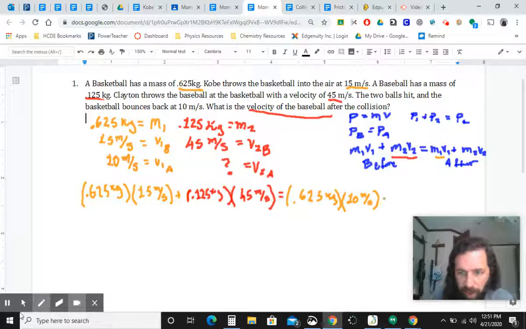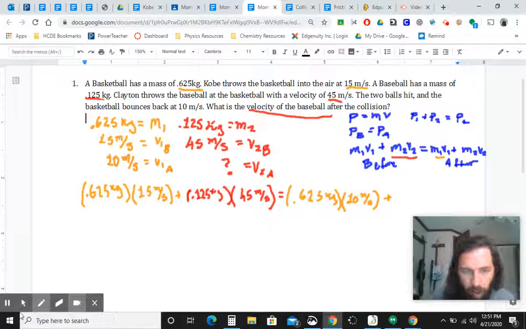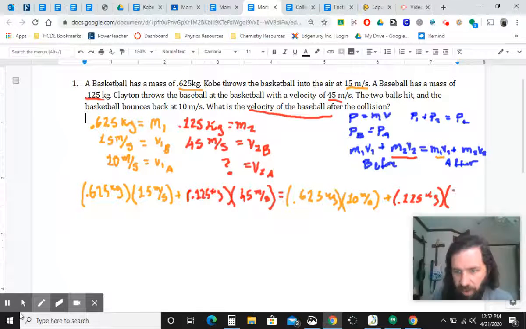Okay, plus, now we've got, for number 2, or M2 after, so, okay, mass is still the same, so the mass of the baseball didn't change, 0.125 kilograms times, we are almost done with this step, V2 after, well, we don't know what that is, so let's just write that as V2. Okay, so V2. We can say V2A, just to be clear.